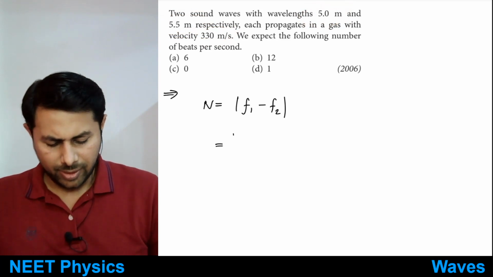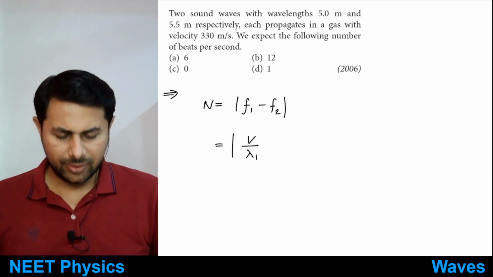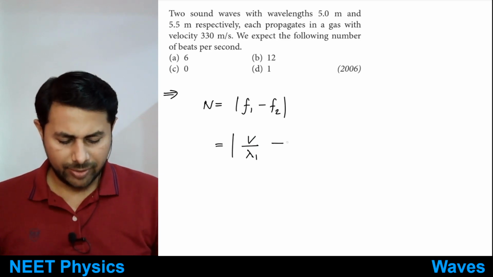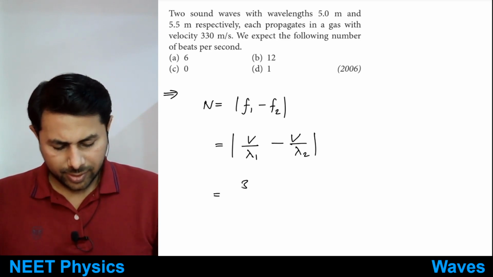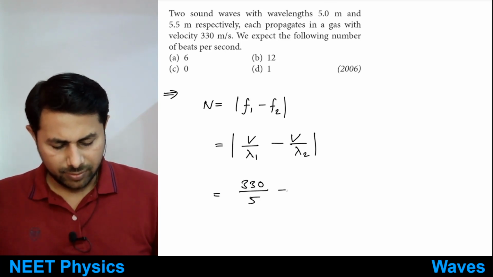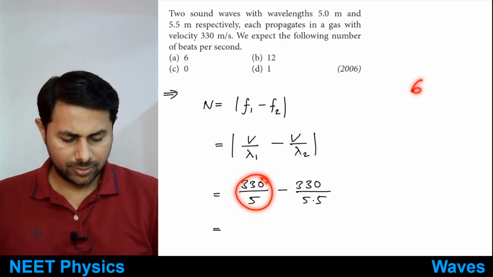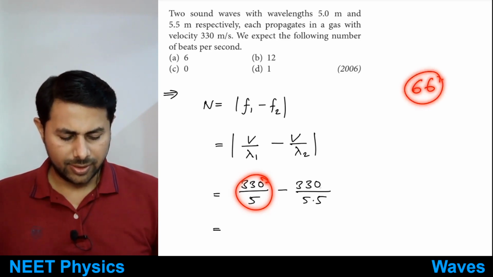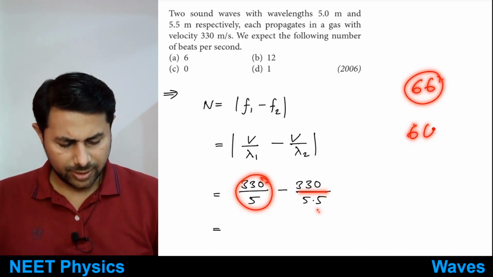And also the speed is given. Okay. So what is the frequency? It is velocity divided by wavelength. So v by lambda 1 minus v by lambda 2. Okay. So that is 330 divided by 5 minus 330 divided by 5.5. So what is 330 by 5? 66. And 330 by 5.5 would be, is it 60?